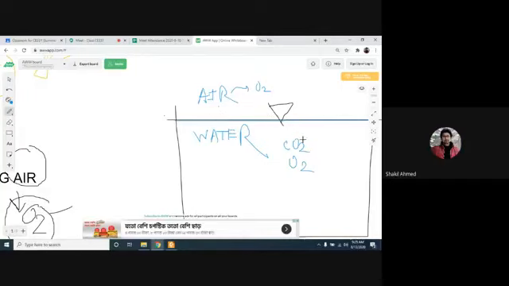Now, if your carbon dioxide concentration is higher here and your carbon dioxide concentration is lower here, then there will be gas exchange. That means carbon dioxide will flow from higher concentration to lower concentration. It's like diffusion.